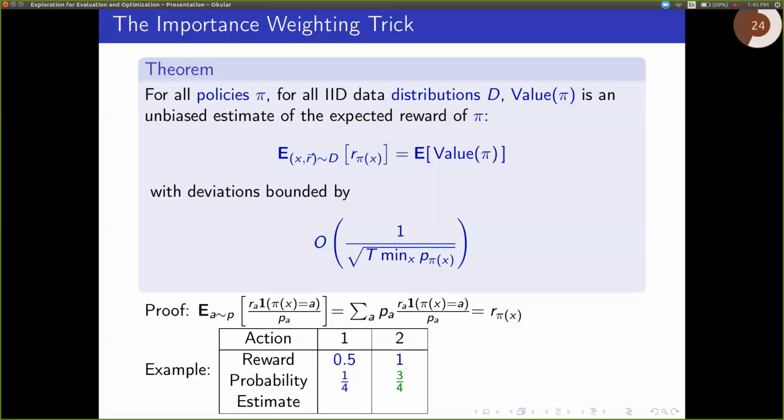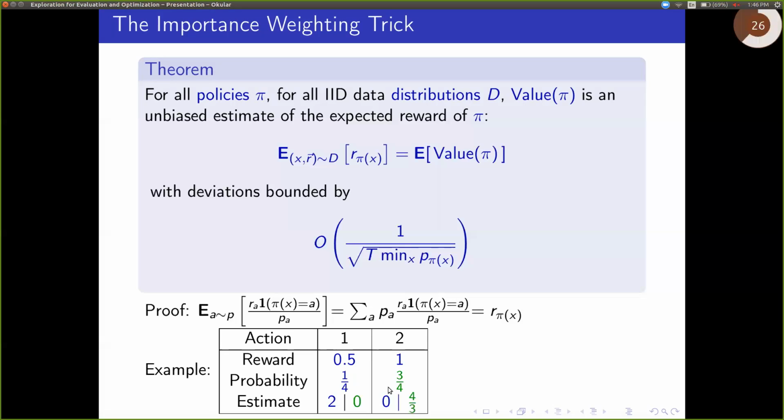Okay, so let's go through an example. Suppose that we have 2 actions, 1 and 2, and the rewards are 0.5 and 1. So the probability of the actions will be 1/4 on action 1 and 3/4 on action 2. Then when the 1/4 action is drawn, using that estimator, we get 0.5 divided by 1/4, which gives you 2, or 0 because the indicator function is 0 for the other action, right?